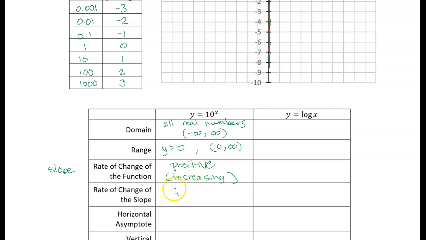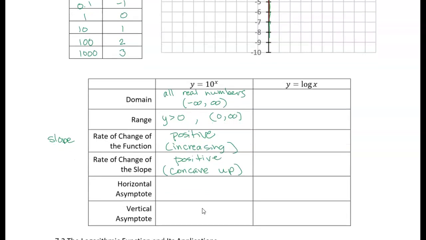So we have a positive rate of change of the slope, which is a positive second derivative. And what does that mean? That means it's concave up. So our graph is concave up. Okay, the function itself is concave up and increasing.